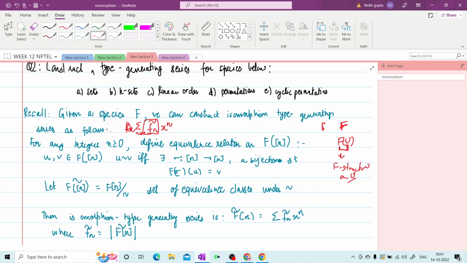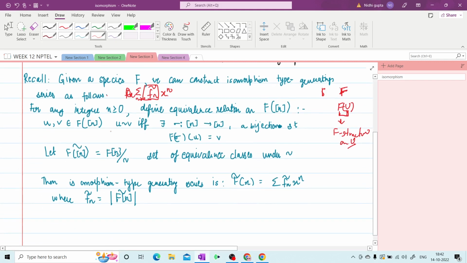Now when we are constructing the isomorphism type generating series, we are interested in counting the F structures up to isomorphism. That is, we first want to define the appropriate notion of isomorphism of two F structures, and then we want to count the number of isomorphism classes.